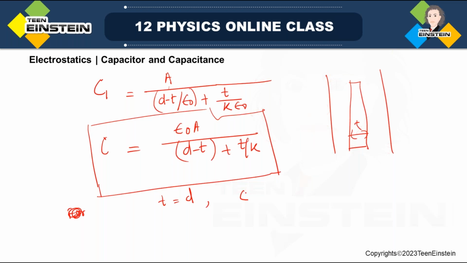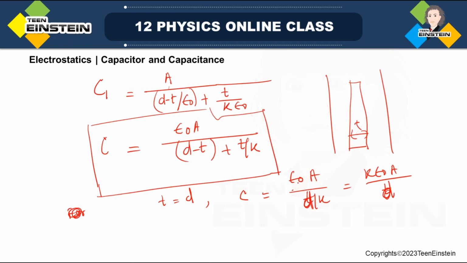The total space is filled with the dielectric material itself, then epsilon 0 A by T by K, that means K epsilon 0 A by D. Say it is D.